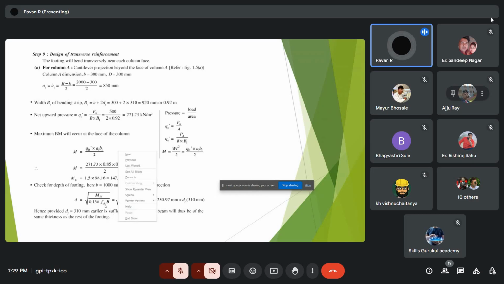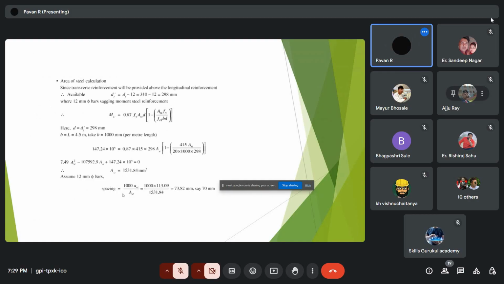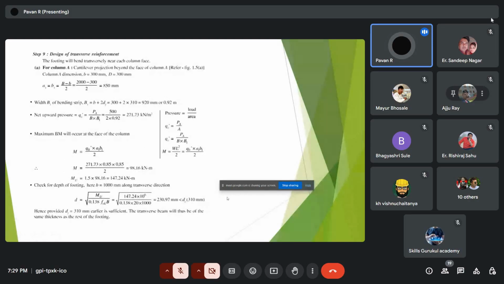Upon checking, using this formula, d is equal to root of Mu divided by 0.138 fck into b. The depth of the footing comes out to be 230 mm minimum, but we have already provided 310 mm depth, so it is sufficient. The transverse beam will thus be able to take the load with the same thickness, so we should not be increasing any depth.